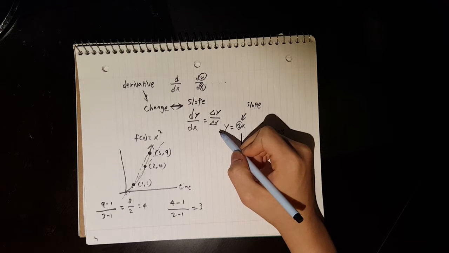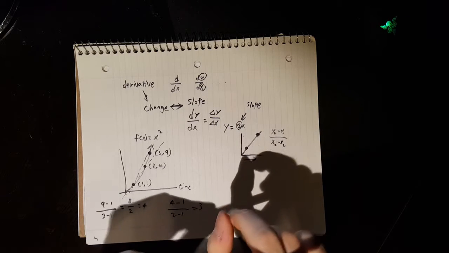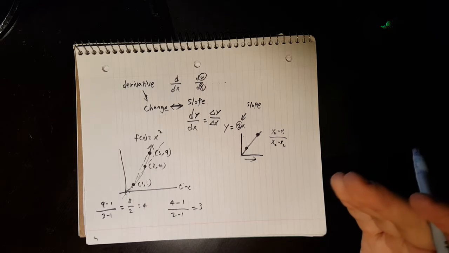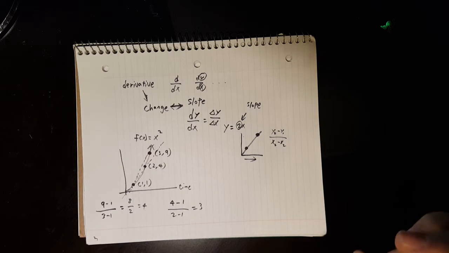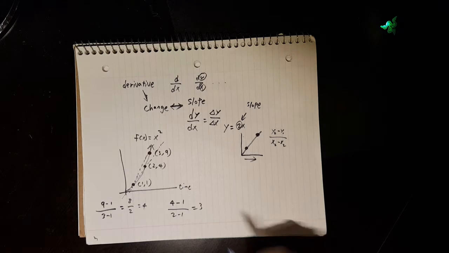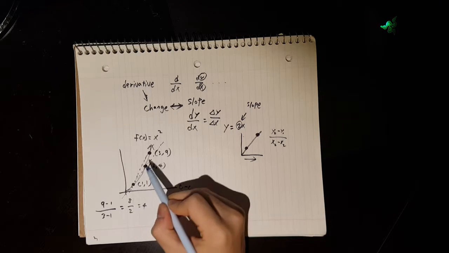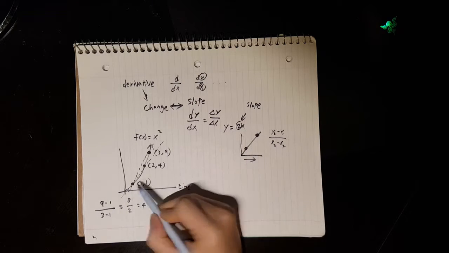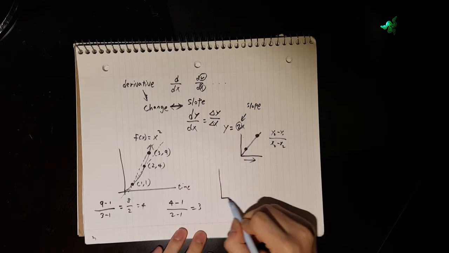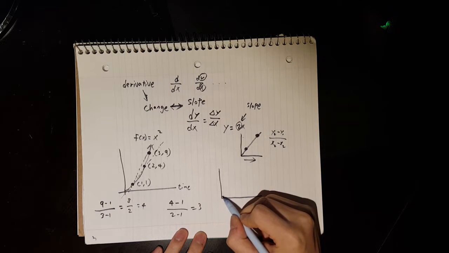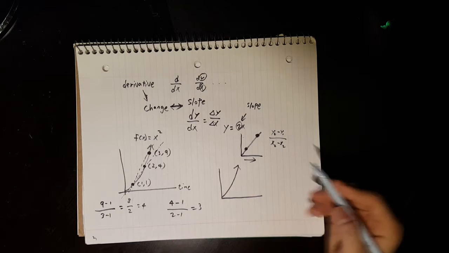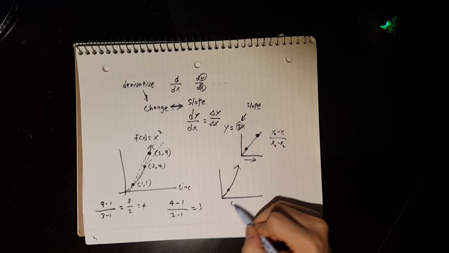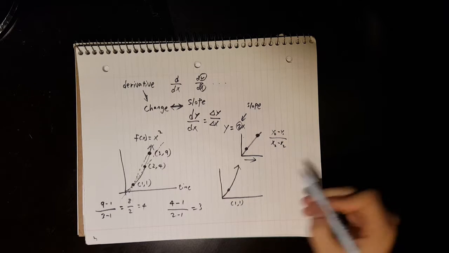The time it takes to move to the next position has to be almost 0. And so this line is gradually going to move like this until, if we zoom in, now this is a zoomed in version. Here is our original point, 1, 1.